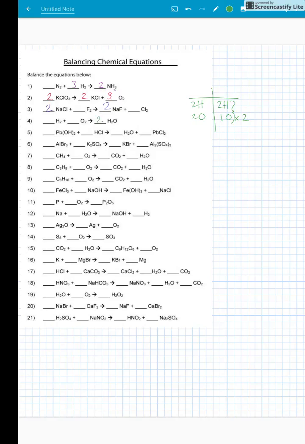So now we have 4 H's, 4 H's, 2 O's. And on this side we have 2 H's, 2 O's. We can multiply this one by 2 to get the 4, which means 2H. Now we have 4 H's, 4H, and 2O, 2O. Check. That's all we need to do there.